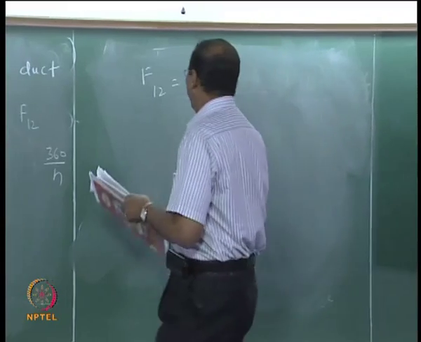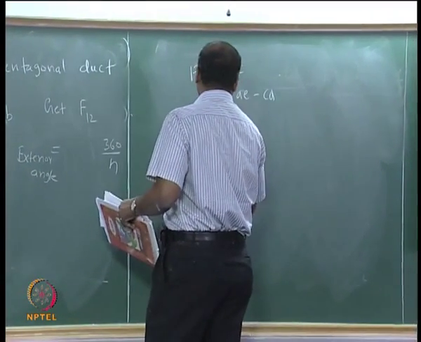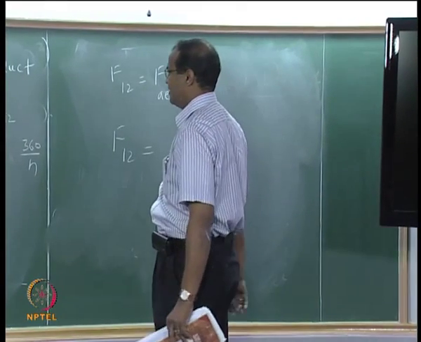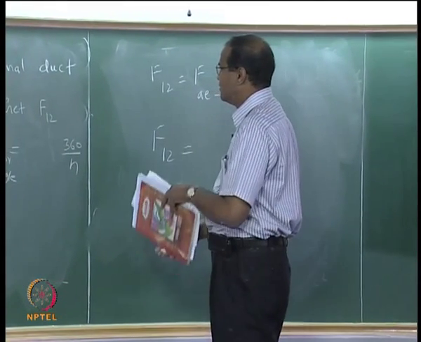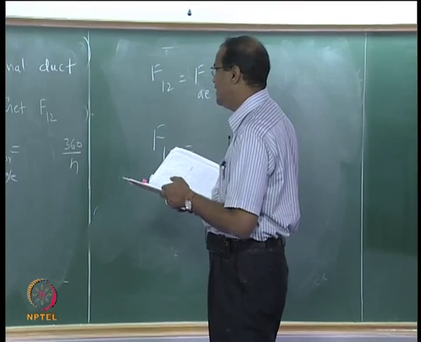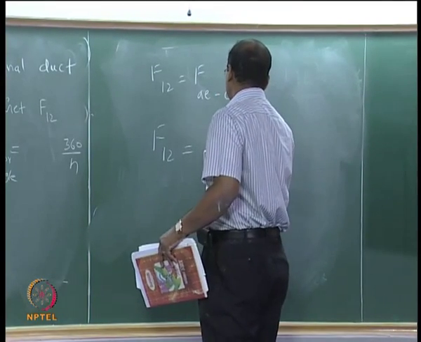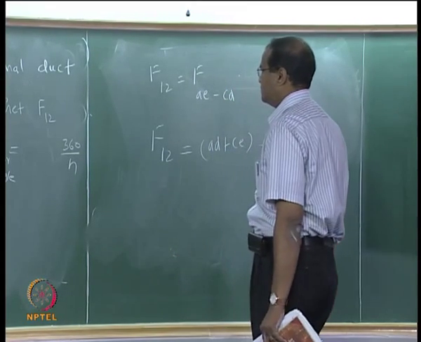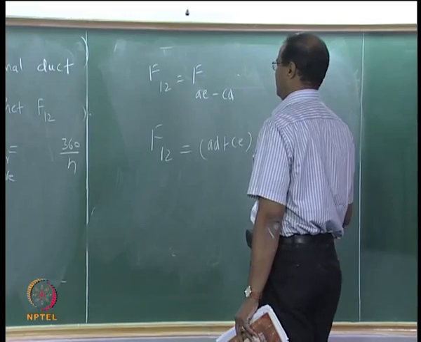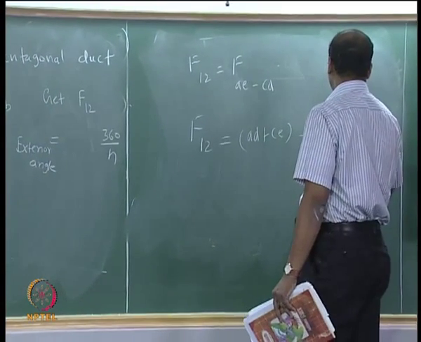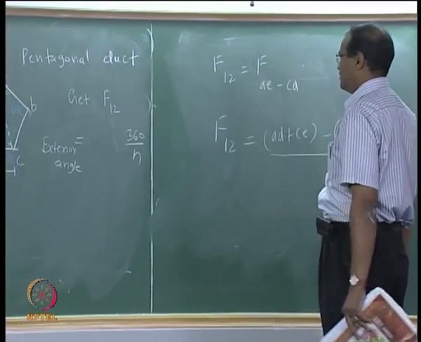Now F12 is equal to AD plus CE minus AC plus, very good, by, very good.